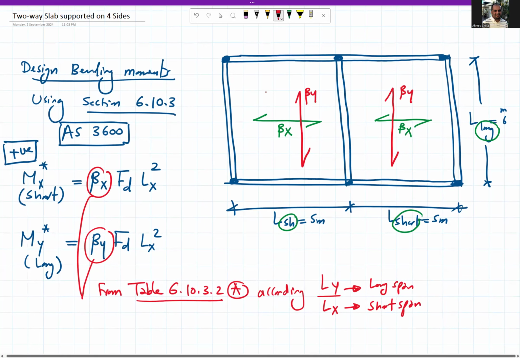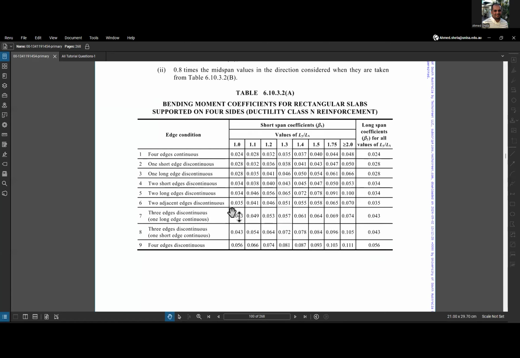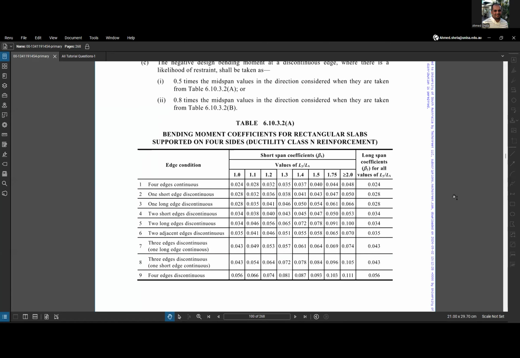So all the time, this ratio should be more than 1. So if we have a look at the standard, this is the table we are looking at here. So using the value of Ly over Lx, which is more than 1, we can find beta x from these values and beta y from this column here.